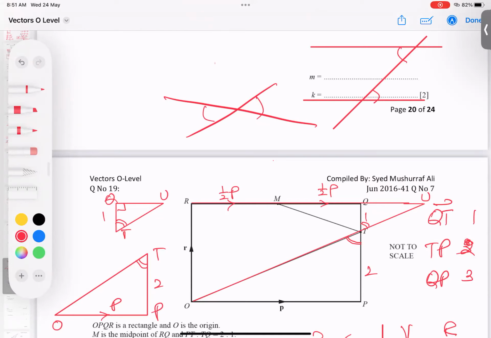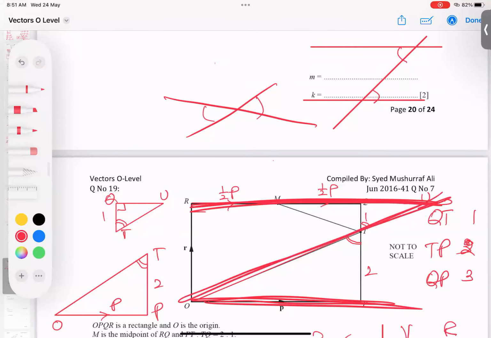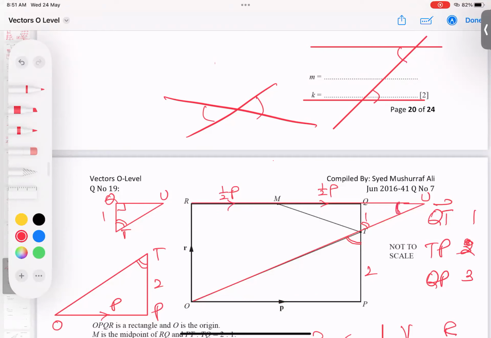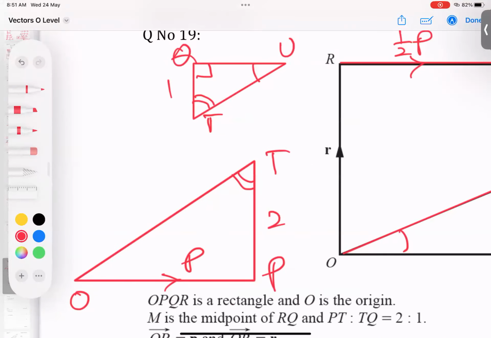You can see that this vector and this vector are parallel to each other, and this line is cutting them. So this angle and this angle are equal to each other.